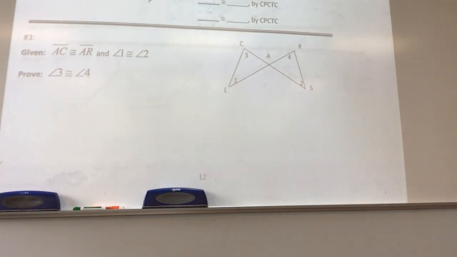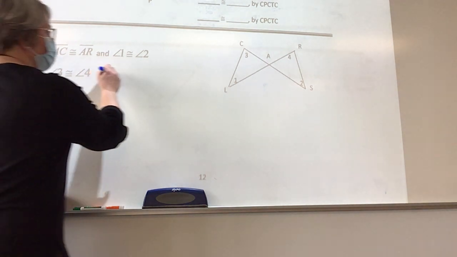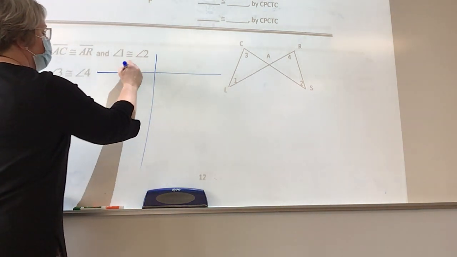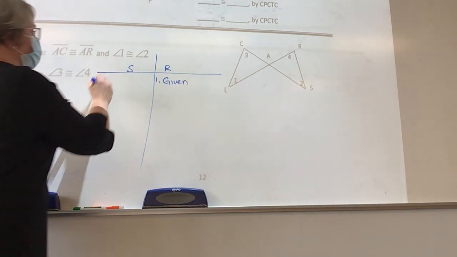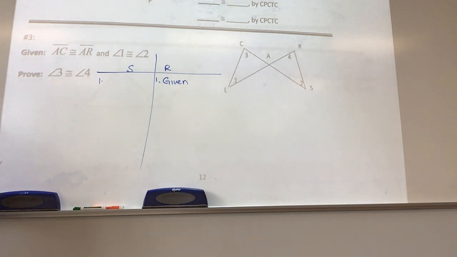We're going to follow the same path we did since day 1 of these congruent triangles. So go ahead, draw your statements and your reasons. Just write the word given, and we're going to go slow together.